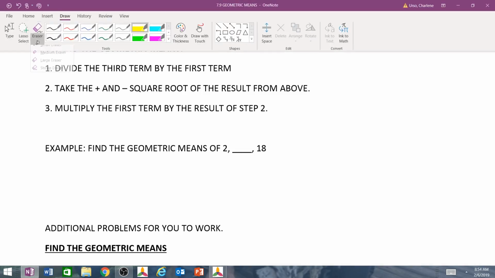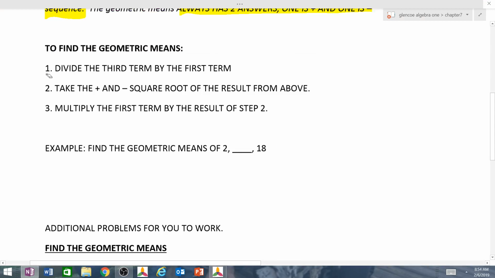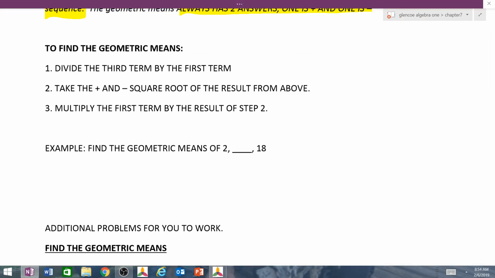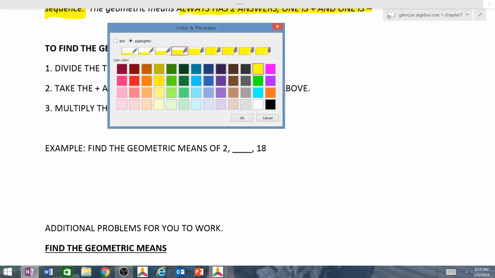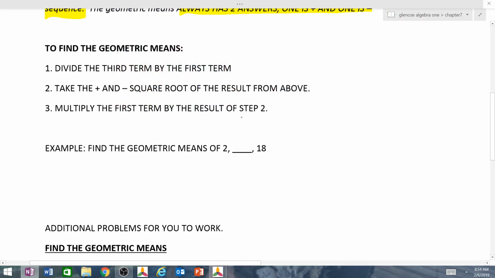And let me just go on record as saying, in other textbooks, they're going to teach this to you in a much more complicated fashion, and you really don't want to learn all those steps. This is really the easiest way to do it. So step number 1, 18 divided by 2, we all know equals what? 9.